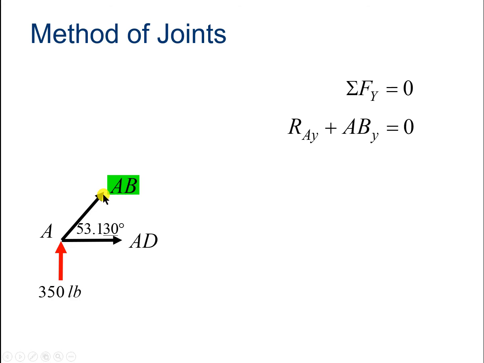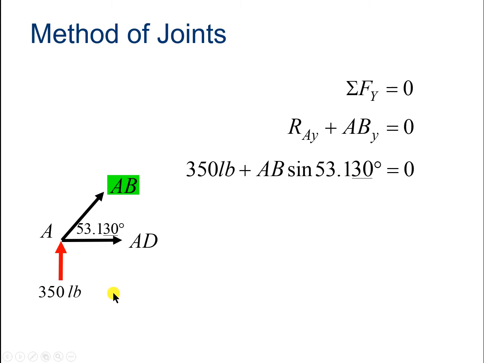So it's the projection of this vector on the vertical direction. So that's 350 pounds, and then AB sine 53 degrees.